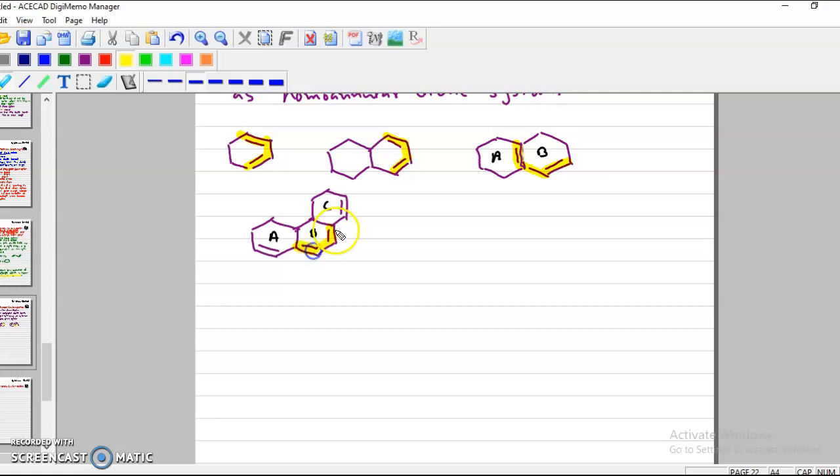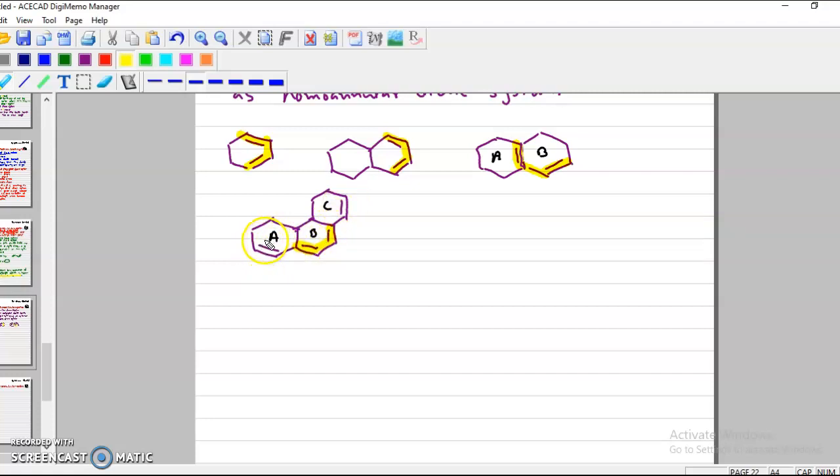So this becomes a homoannular diene system, and this is a very important point. If this system is present, then we will consider only homoannular diene system, and this system is extended in C ring as well as in A ring.